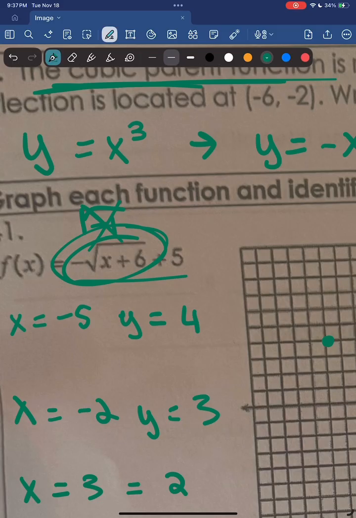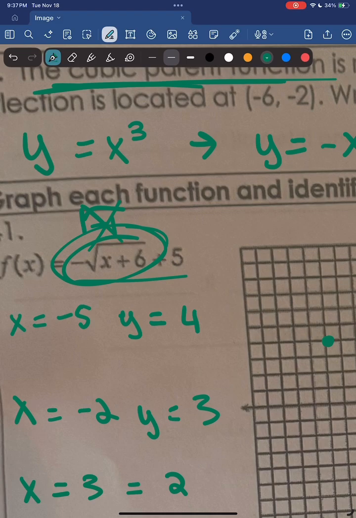Because if it was negative 7, it would be negative 1, and we'd have imaginary numbers, and then things would get really crazy. So the lowest number that we could have in here, because the square root of 0 is 0, right? So if we plugged in anything lower than a negative 6, we would have problems.